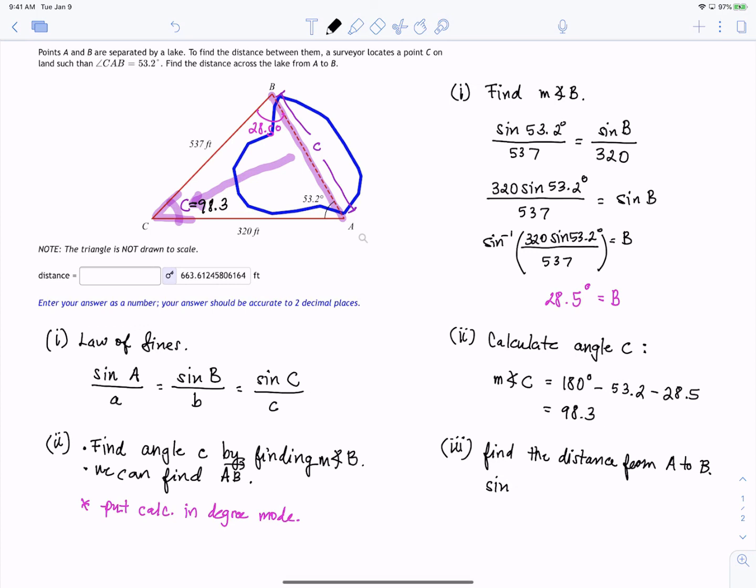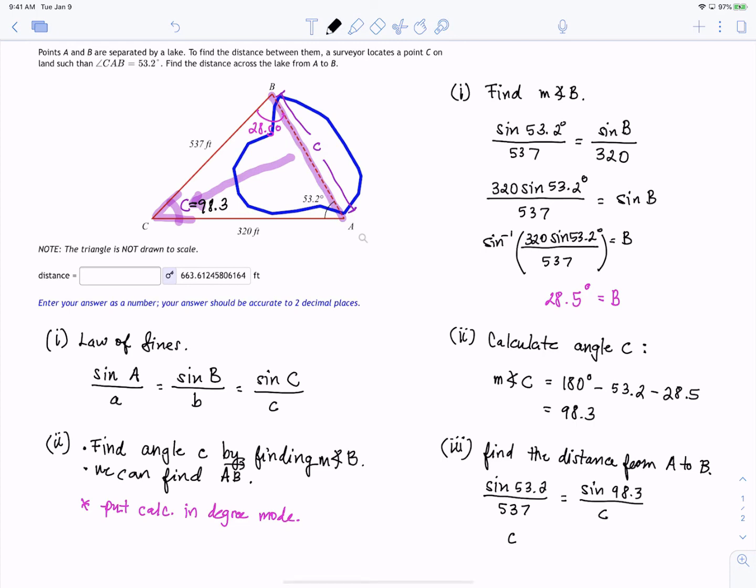So we're going to have sine of 53.2 divided by 537, and that is equal to sine of 98.3 over the side here, which is AB, but we called it C just so it matched with our formula.